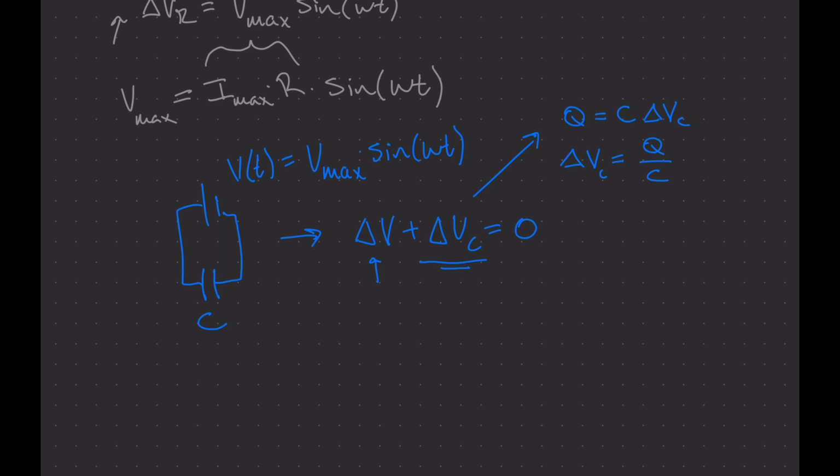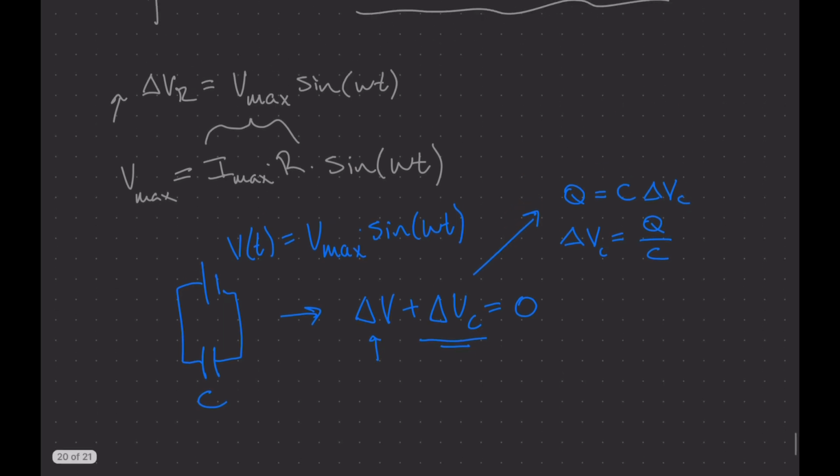And also, if you remember, this is going to come in handy in a second, current is actually the change in charge over time. So if we take a derivative of this equation, then we can get dq dt is equal to d dt of C delta Vc. And this gives me the current.